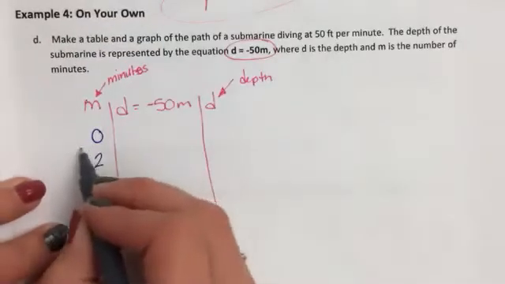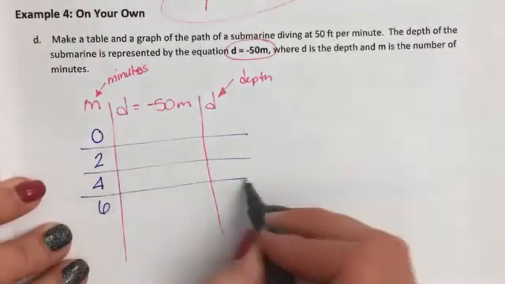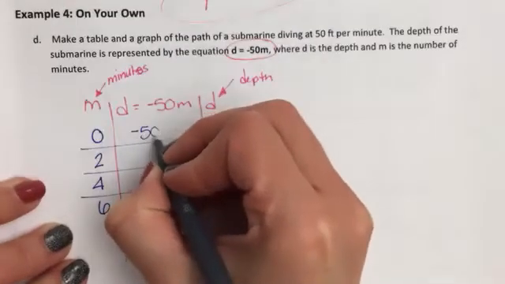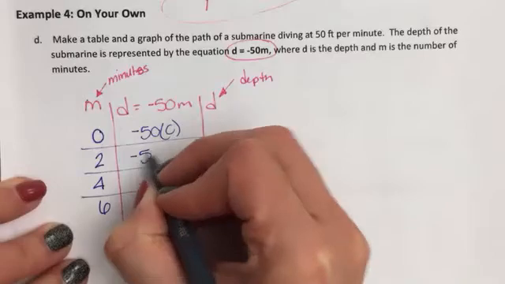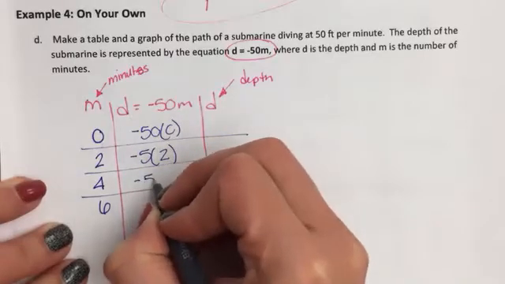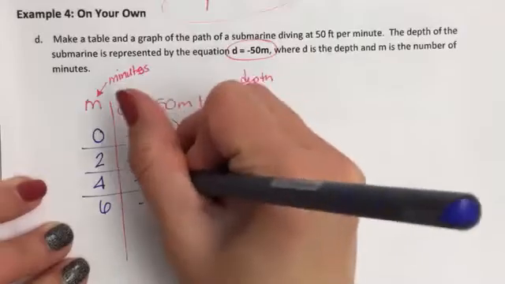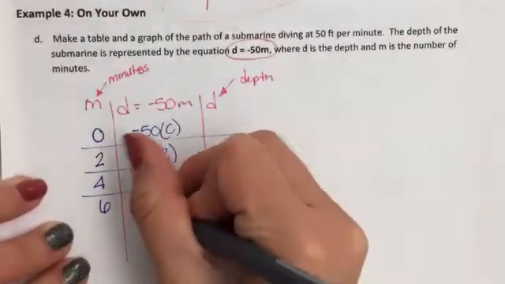I just picked some numbers to do. Okay, and then I'm going to put those values in. So negative 50 times 0, negative 50 times 2, negative 50 times 4. Oops, I lost my 0 there. Negative 50 times 6.